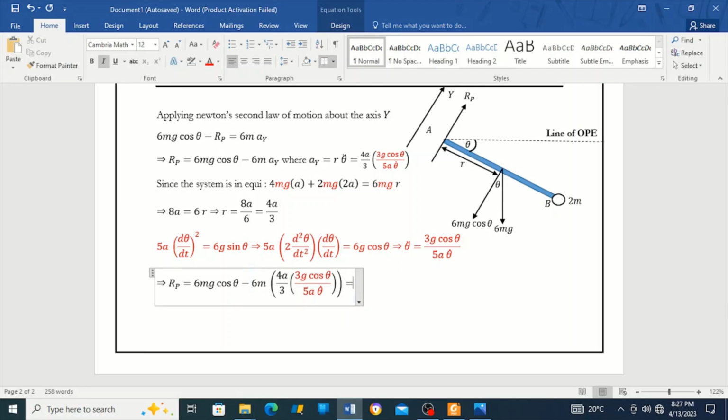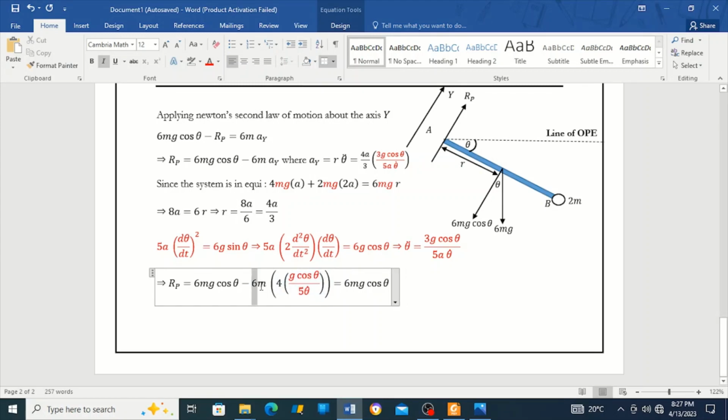So this is going to give us 6 mg cos theta. Now the 3 here cancels with the 3 here, so this is going to give us 4a. Now what is going to cancel? Our a in the denominator here cancels with this a here.